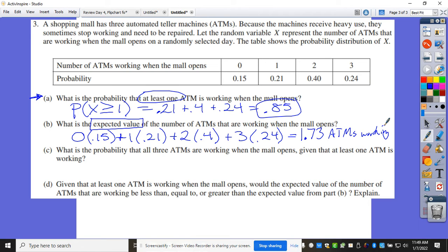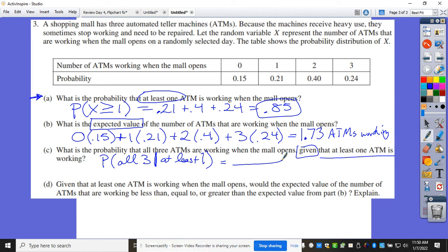C, what is the probability that all 3 ATMs are working when the mall opens, given that at least one of the ATMs is working? What's the part there that kind of triggers what type of problem it is? So, this is essentially what we did for the last problem. So what goes on bottom is this.